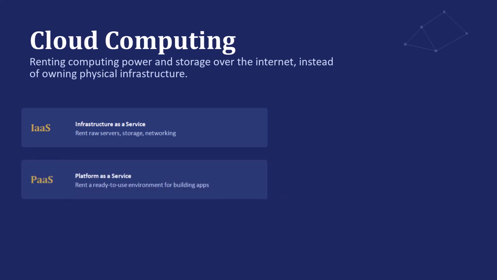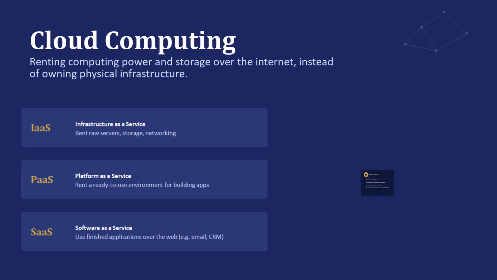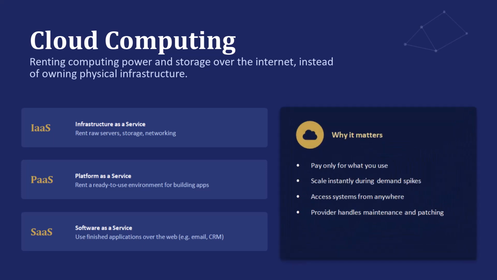Platform as a service, or PaaS, gives you a ready-to-use environment for building applications, so you don't have to manage the underlying servers yourself. And software as a service, or SaaS, is the most hands-off. You simply use a finished application over the web, like email or a CRM system, with the provider handling everything underneath.